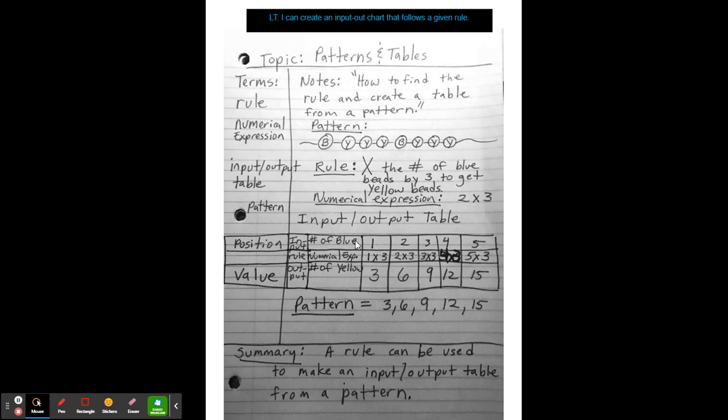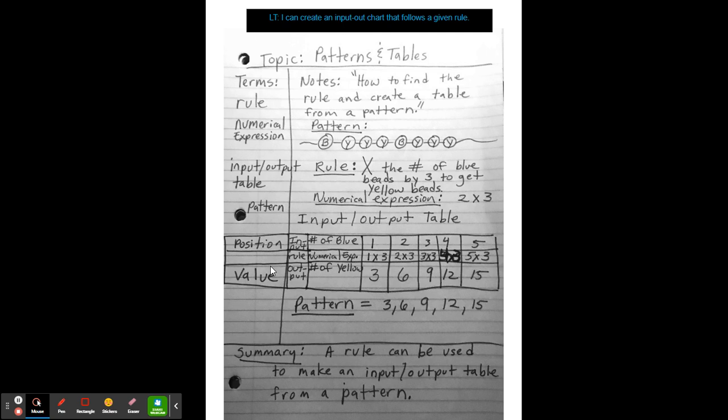that the number of blue beads is our input, and that's the position in the table. You'll see it labeled this way sometimes. Then the numerical expression is the rule applied to the position. And then finally, the last row is the output, which is the number of yellow beads.